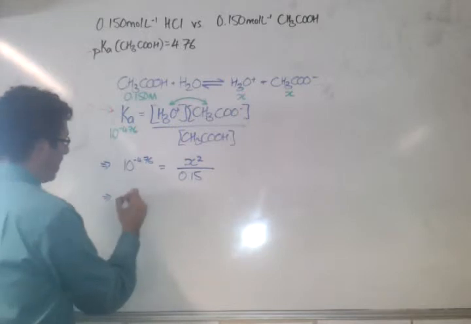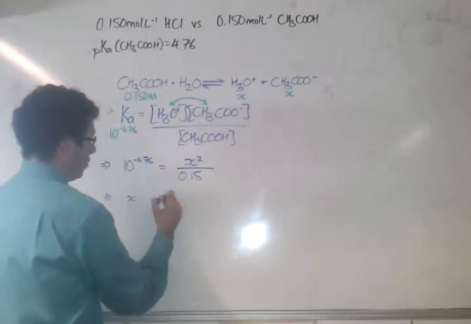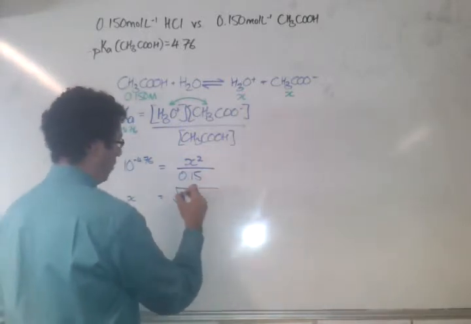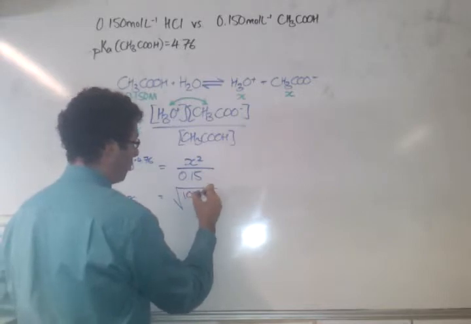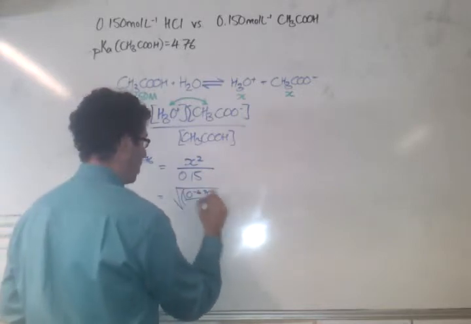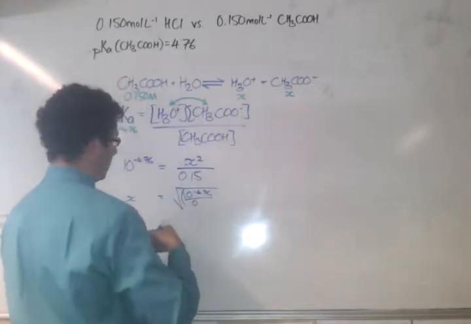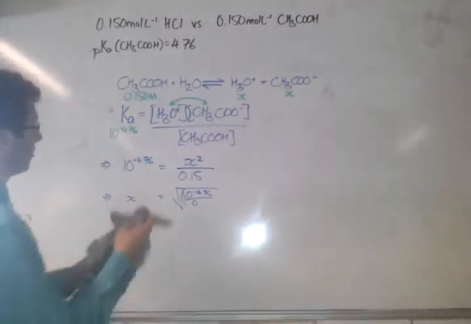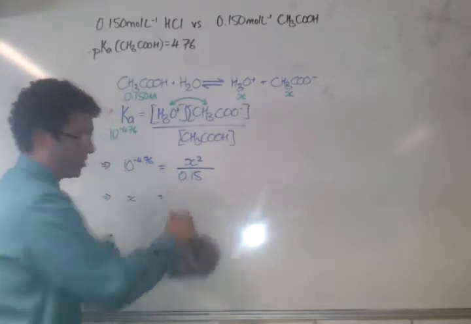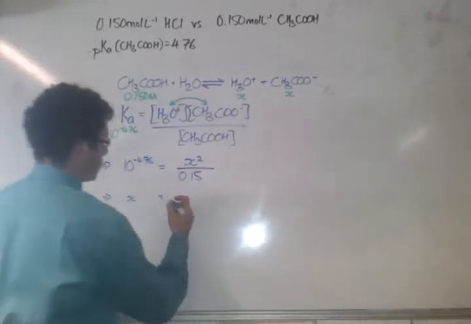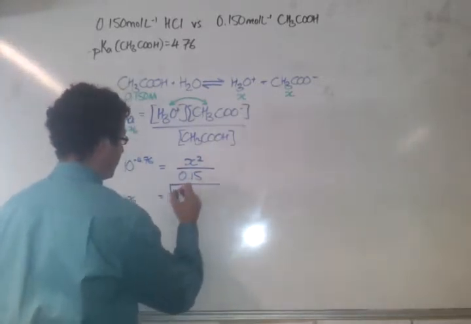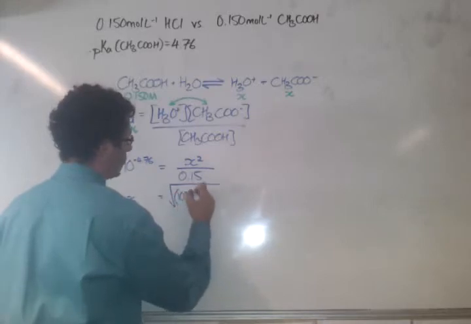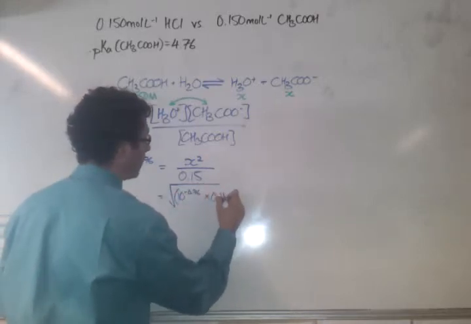So I can rearrange that to be X equals the square root of 10 to the negative 4.76 times 0.15.